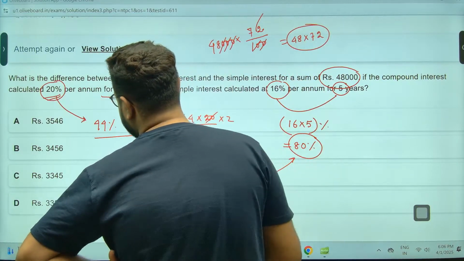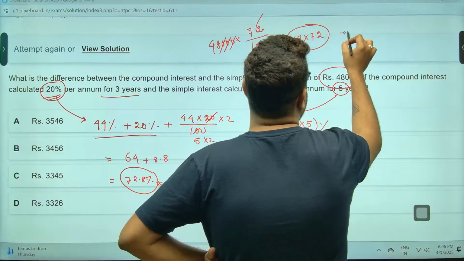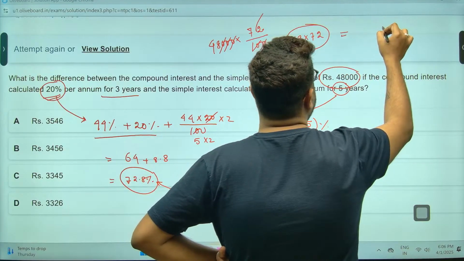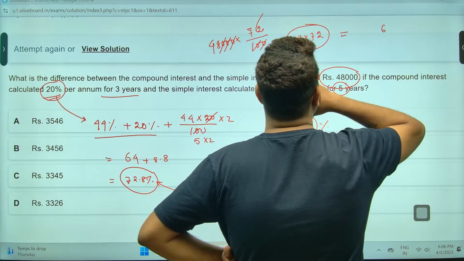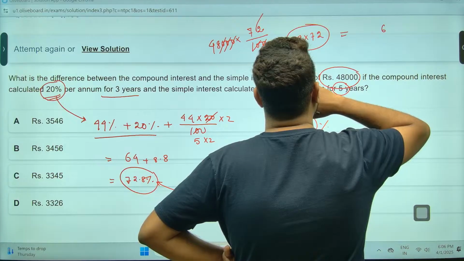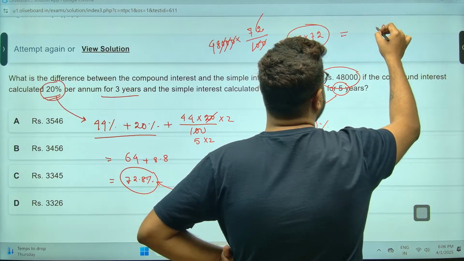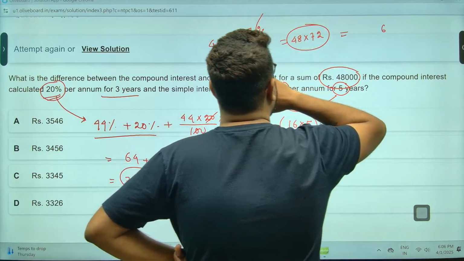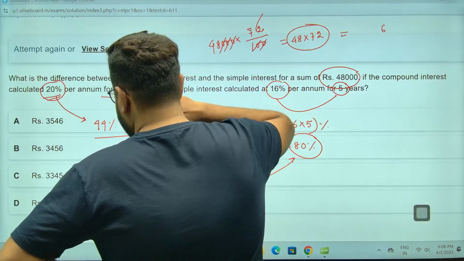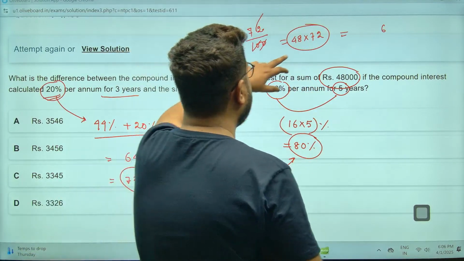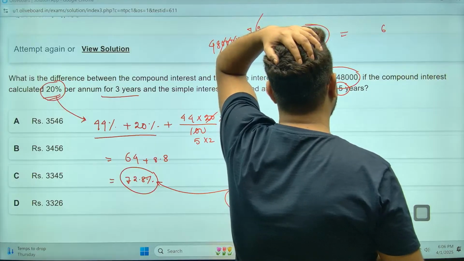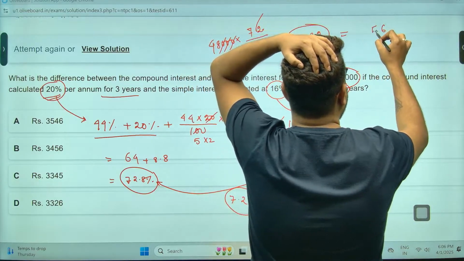What can we do? 16, 16, 16, 16. 56 and 8 is 64.